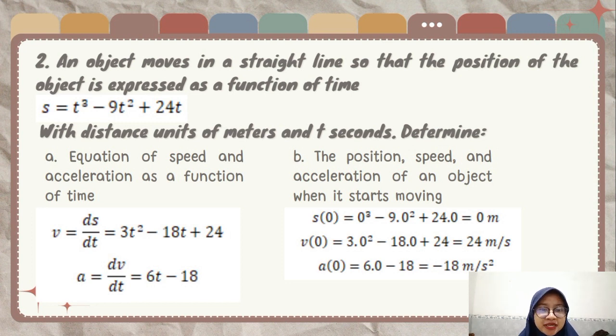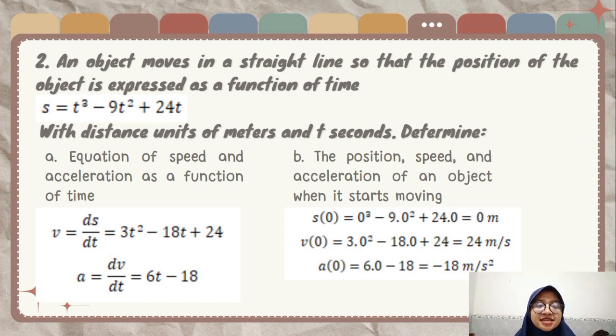Equation of speed and acceleration as a function of time. First, speed v = ds/dt = 3t^2 - 18t + 24. And then the acceleration a = dv/dt = 6t - 18.